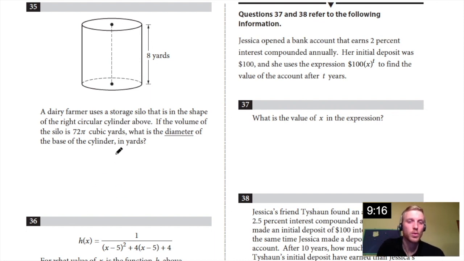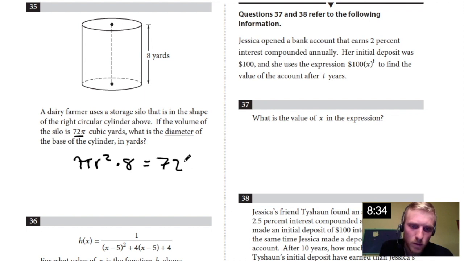Alright, a dairy farmer uses storage for a silo that is in the shape of a right cylinder. If the volume of the silo is 72 pi cubic yards, what is the diameter? Right, so it's nice we have a pi here. Our volume is going to be the area of one of the ends times the height. So the area is equal to pi r squared. So pi times r squared times 8, our height, is equal to 72 pi.